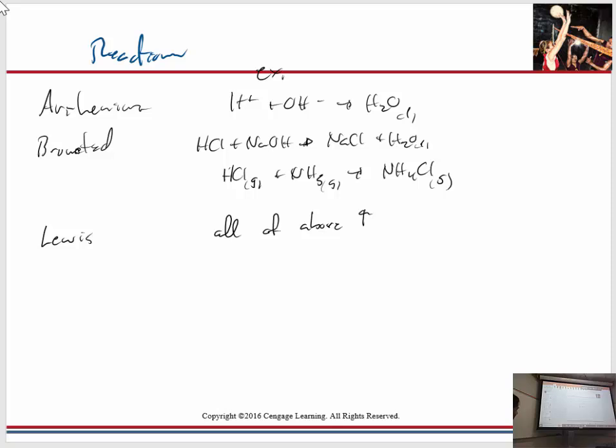So here, what we typically think of in terms of Bronsted is a proton being transferred from the acid to the base. And so we say proton transfer reaction here. But this reaction can be also visualized as a Lewis acid-base reaction. And so in this case, the base, ammonia, attacks the acid.